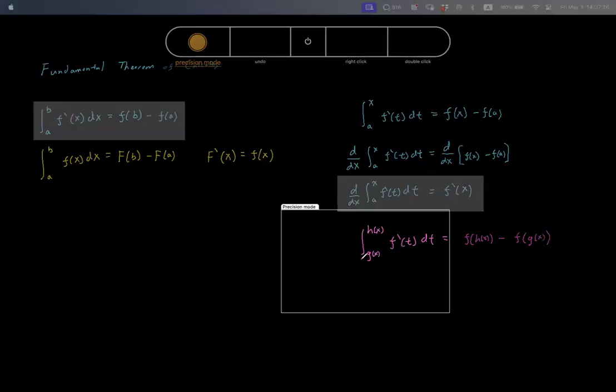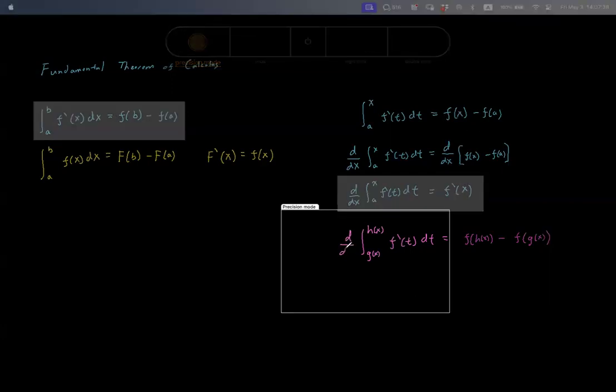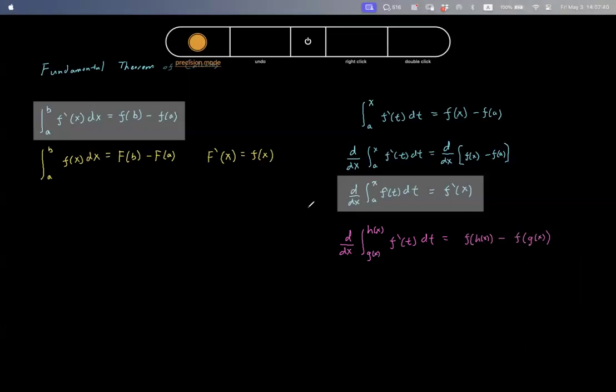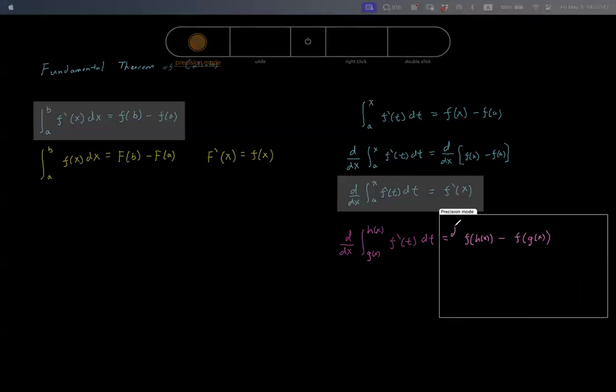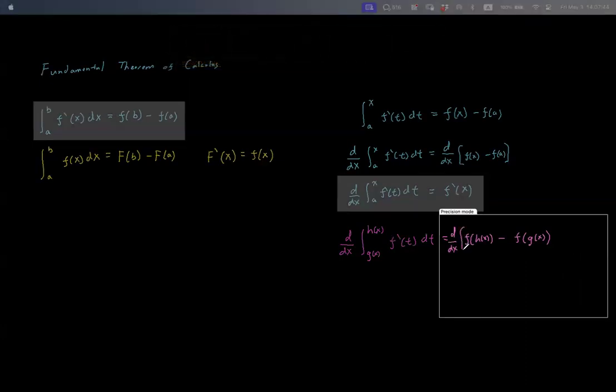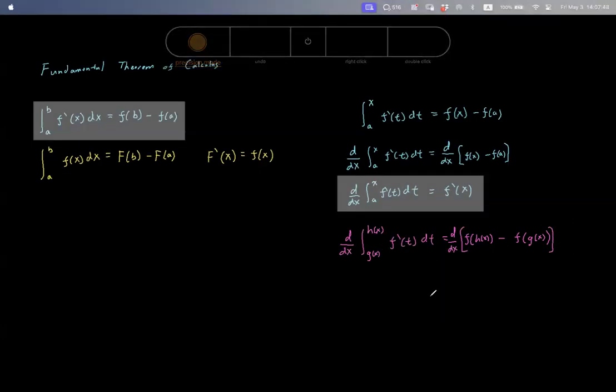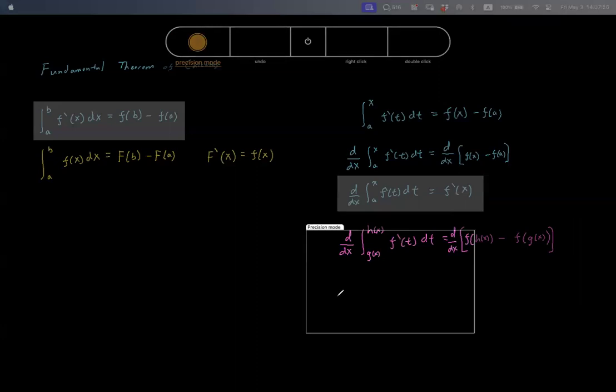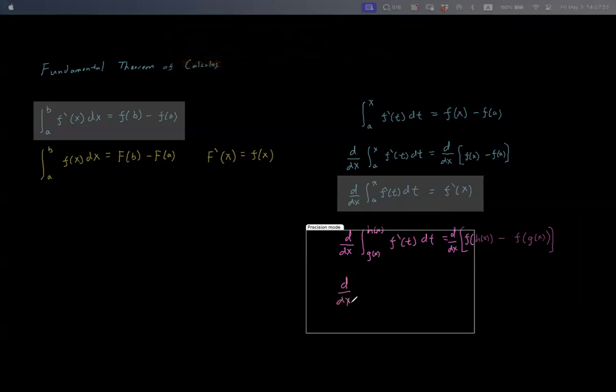So if we were to then take the derivative on the left-hand side with respect to x, we would have to take the derivative with respect to x on the right-hand side as well. And so if we were to calculate this, we could rewrite the whole thing. So derivative with respect to x of the integral from g of x to h of x of f prime of t dt.